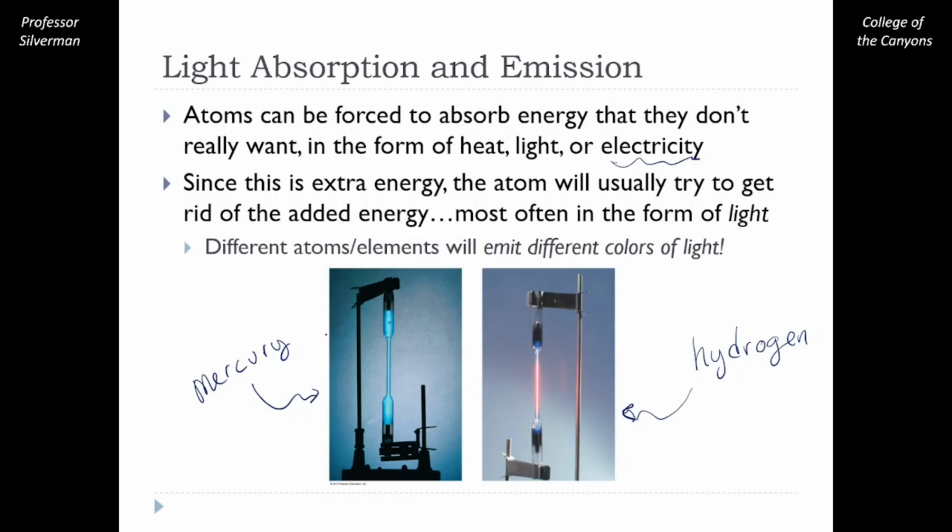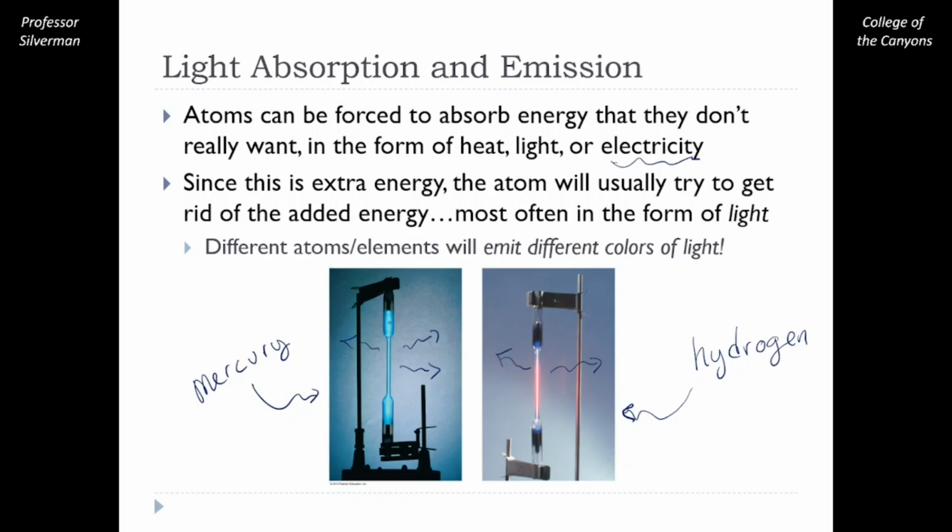On the left, we can see mercury is emitting light that ends up looking blue. On the right, we have some hydrogen that emits light that ends up looking red or pink. This is characteristic of our different elements. Their electrons are behaving differently, and so we end up absorbing and emitting different energies of light.